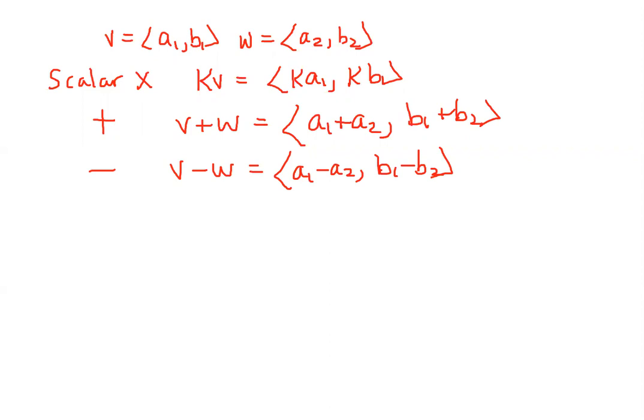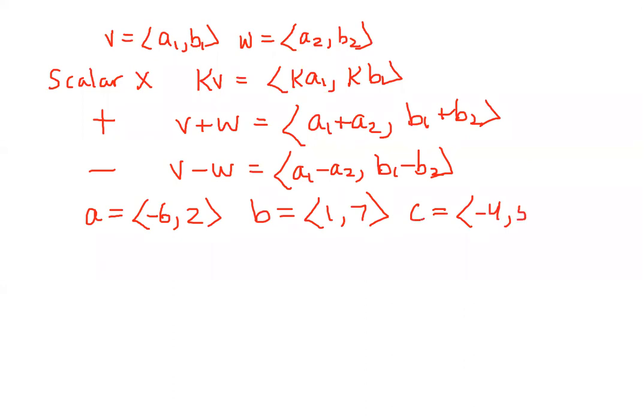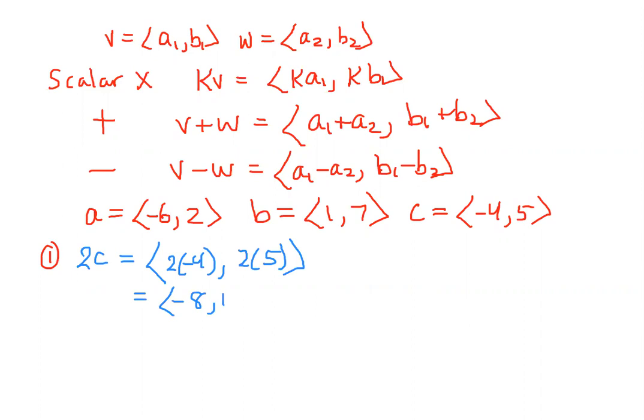Right, so let's look at some with some actual numbers. We've got A equal to negative 6, 2, and B equal 1, 7, and C equals negative 4, 5. This is just adding, subtracting, multiplying. Okay, number 1. 2C is going to equal 2 times negative 4, 2 times 5, which equals negative 8, 10.